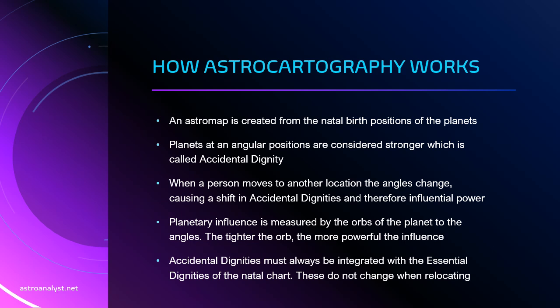So, accidental dignities are critically important to the work of astrocartography. So we want to keep that in mind as we study how declinations can work, which are totally different than what we're looking at when we're looking at an astromap or astrocartography.